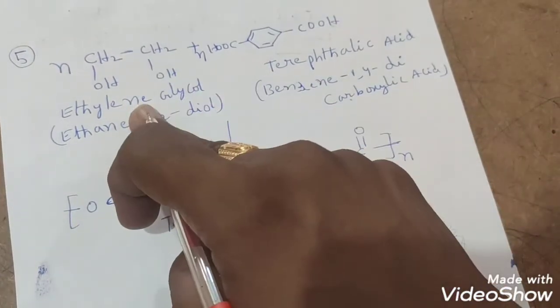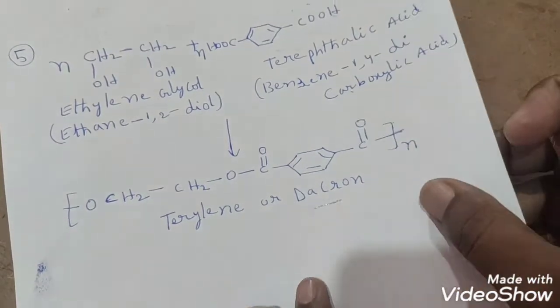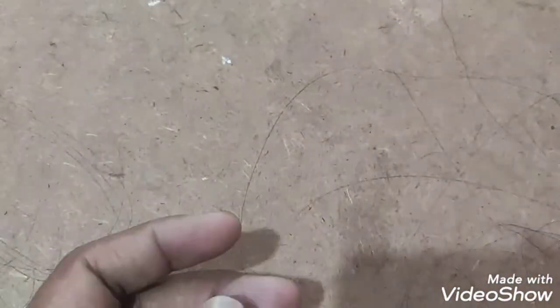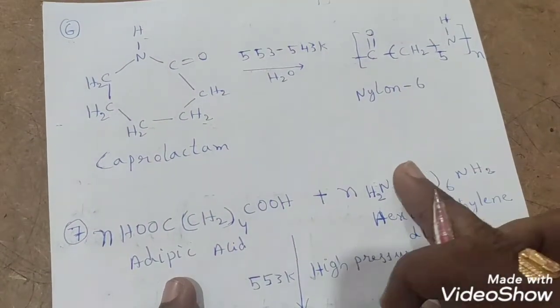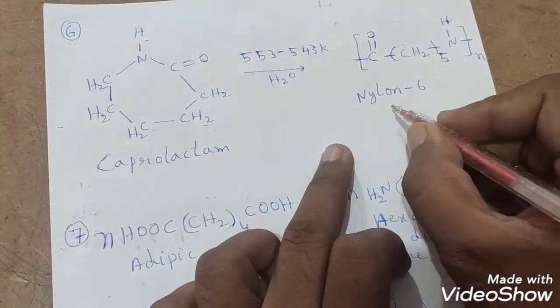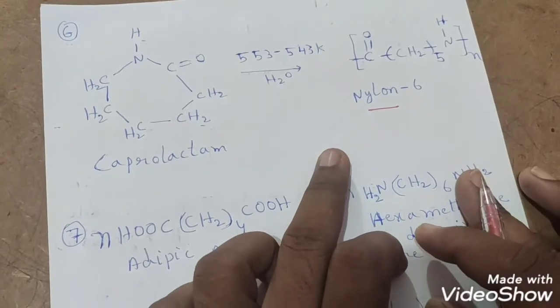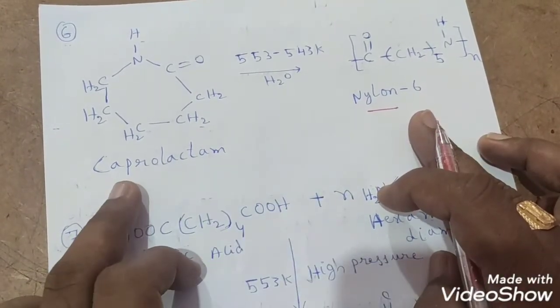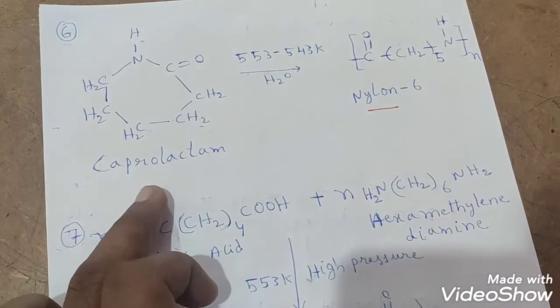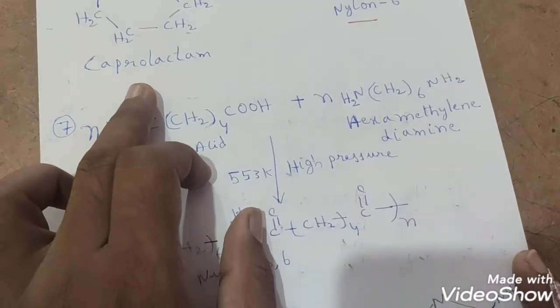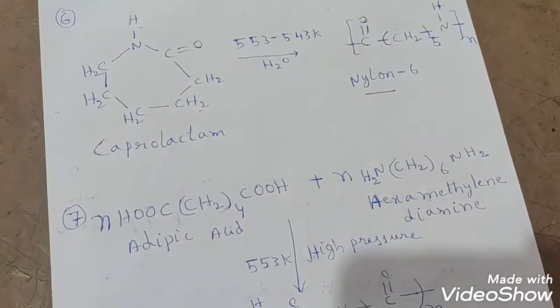In a similar manner, the next structure we have is nylon 6. This is the structure of nylon 6. It came from caprolactam. What is the monomer of nylon 6? Caprolactam, students. This is the structure of caprolactam.